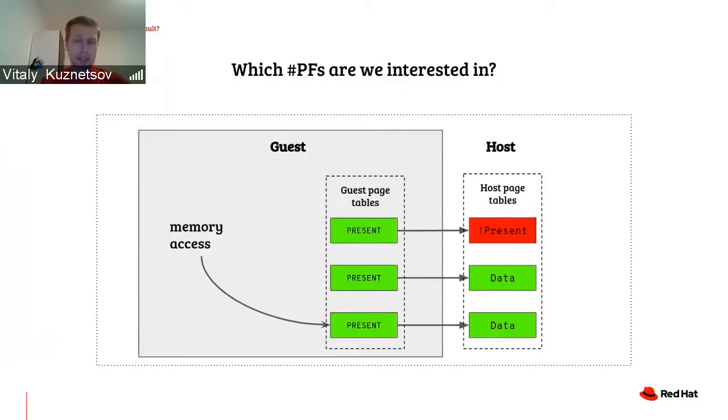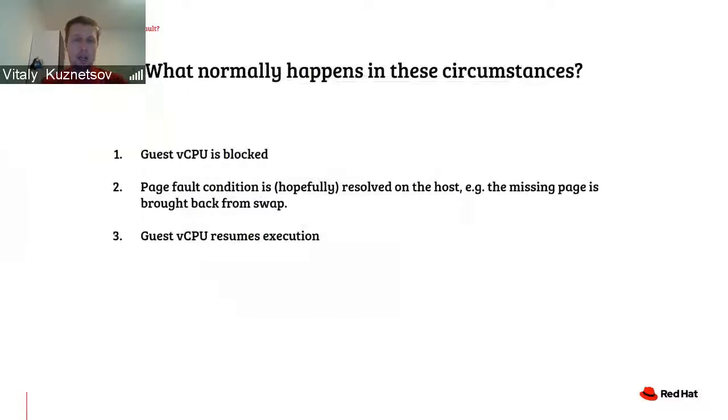So what's going to happen in this situation? Well, under normal circumstances, KVM will have to block the guest's vCPU and then handle the page fault condition, for example, bring the page back from swap. And when it's done, it can resume the guest vCPU, so the guest doesn't see that anything happened.